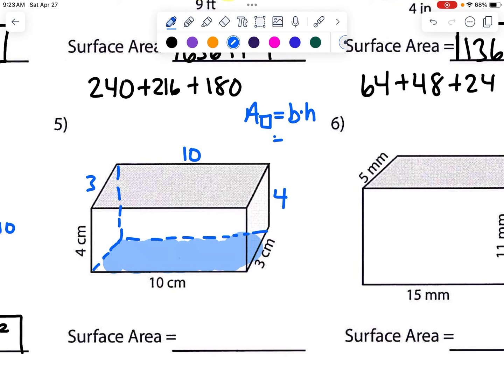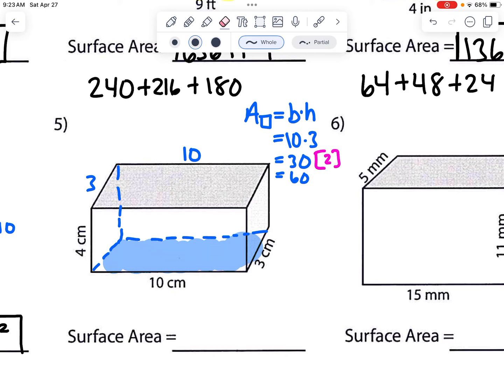Okay, so I have 10 times 3, which is 30. And we would have 2 sides, the bottom and the top. So that would give us 60, ladies and gentlemen. Okay, so let me make some space over here. All right, so now let's go to the next side.